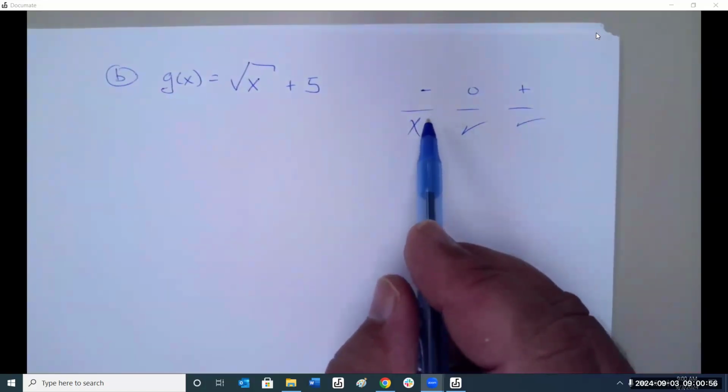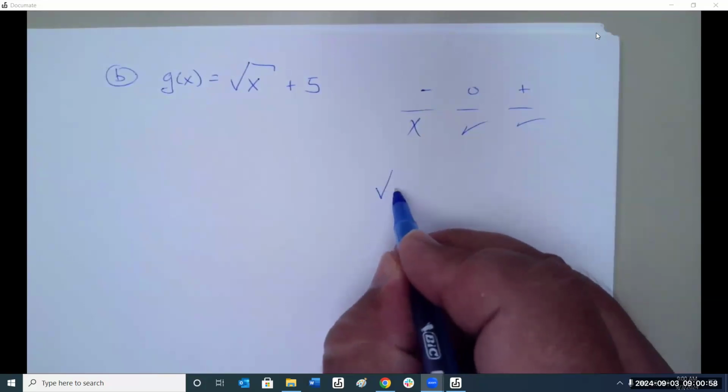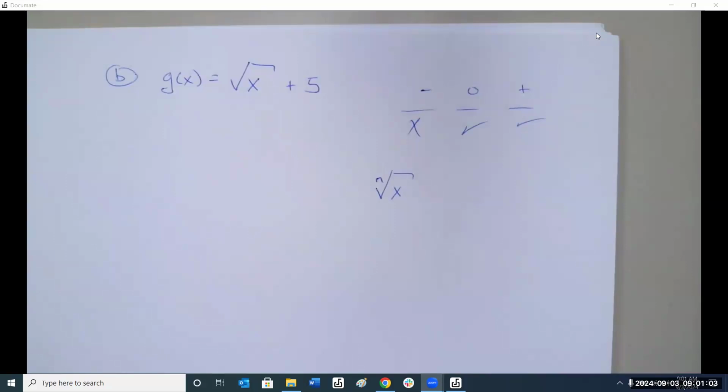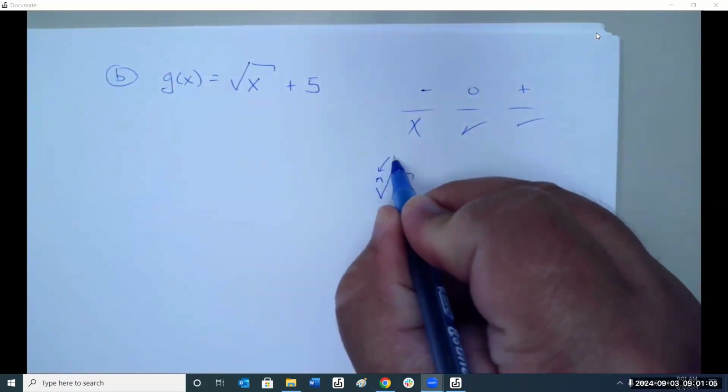Now, the reason you can't use negatives, actually, this is actually an nth root. This is called the root.